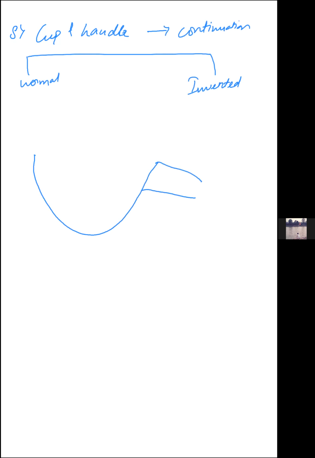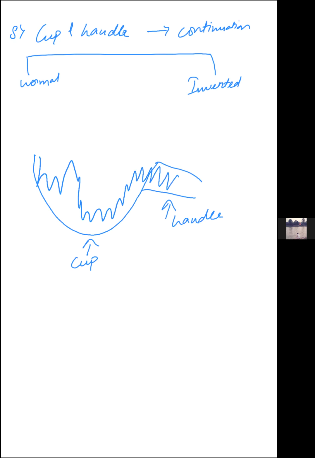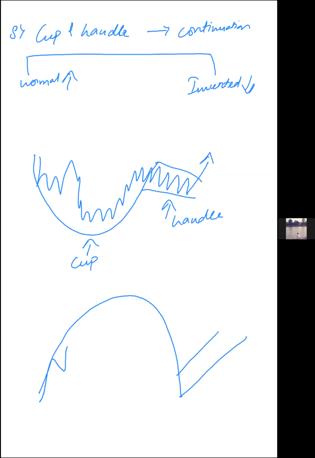This is our cup. This is our handle. The chart moves somewhat like this inside a cup, and an upside breakout is seen. In a normal cup, an upside breakout is seen, while in an inverted cup, a downside breakout is seen.